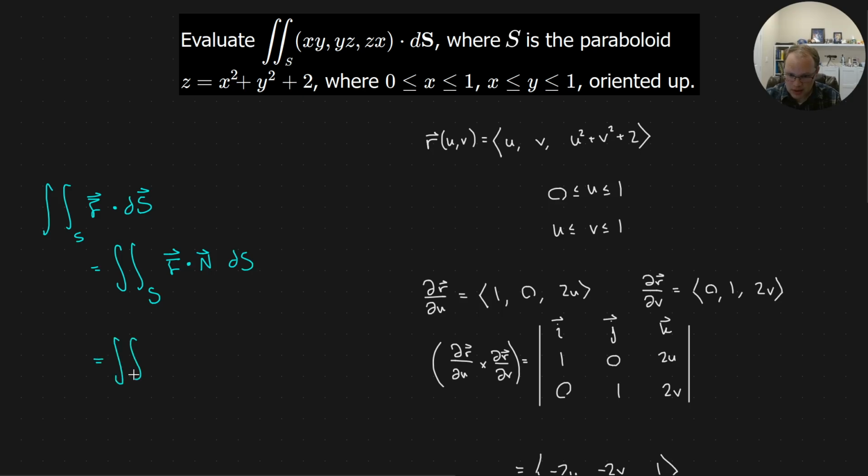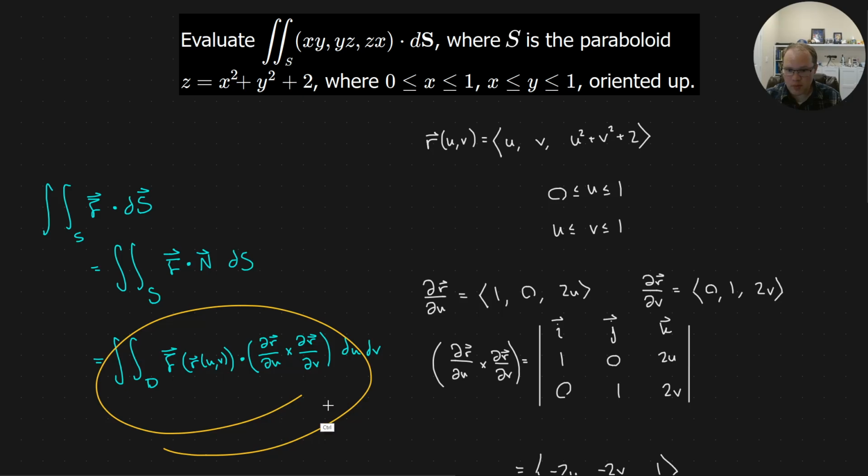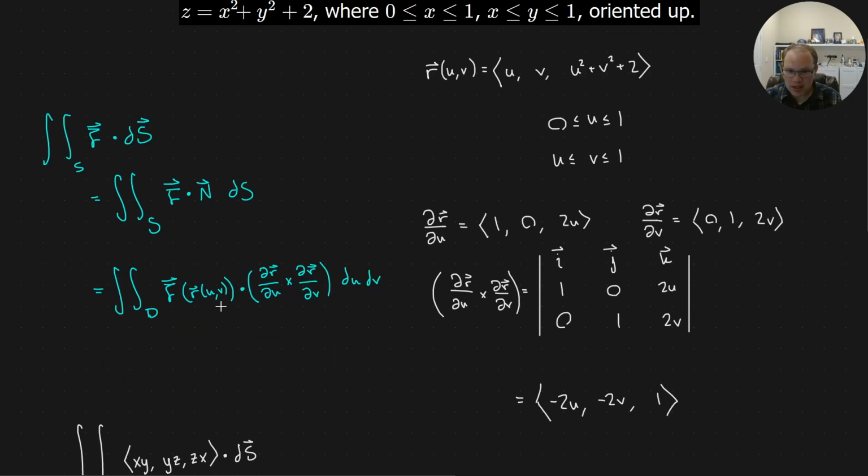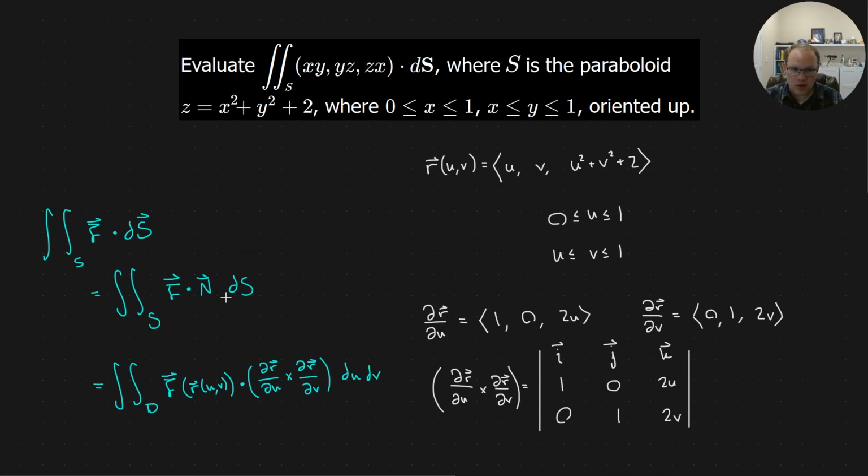The way we calculate this is we plug in our parameterization and then take the dot product with the cross product of the partial derivatives. So this is the formula we're plugging in now. We plugged our parameterization into our function F. That's why I plugged u in every time I saw an x, v in every time I saw a y, and u squared plus v squared plus 2 in every time I saw a z.